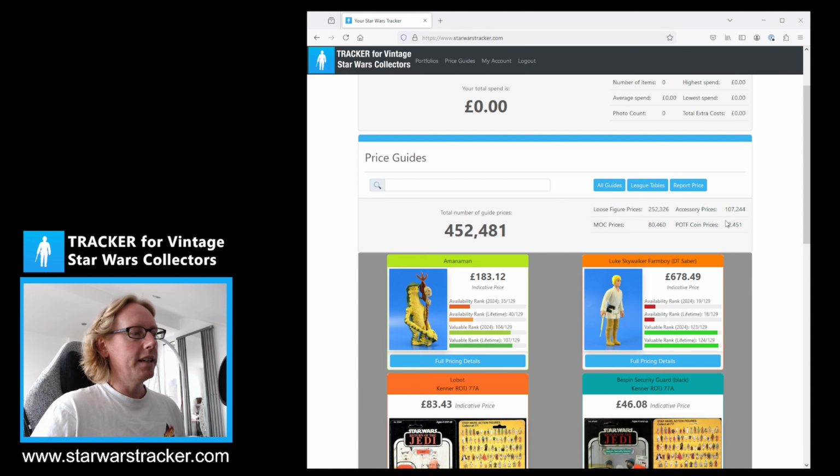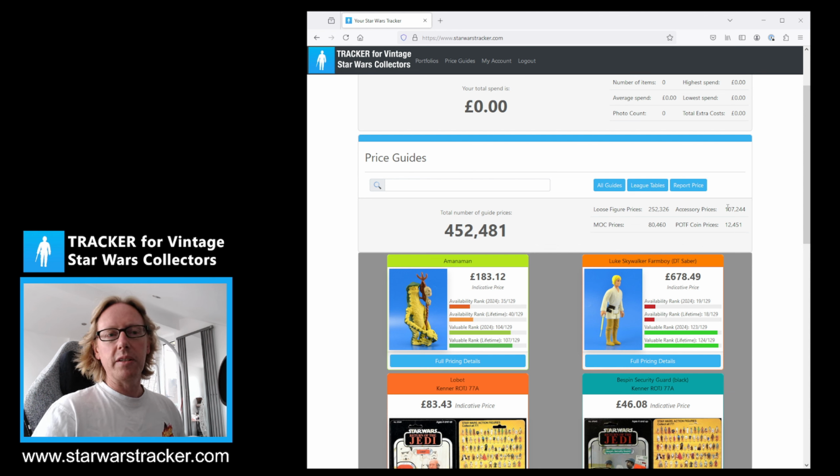So it's loose figures that make up the bulk of the prices in the price guide. And then you've got carded figures and accessory prices. Accessory here means it's just a catch-all for vehicles and play sets and mini rigs and the micro collection.